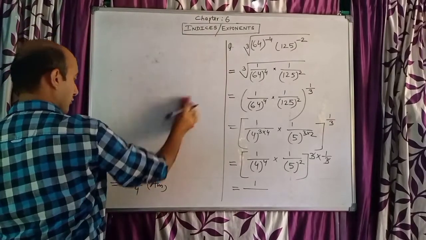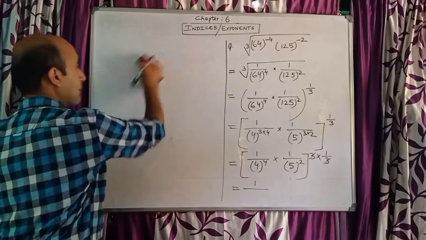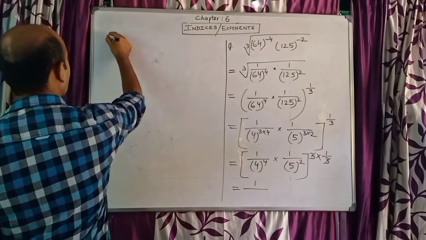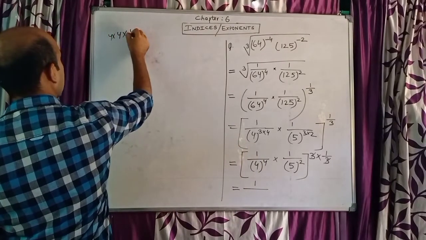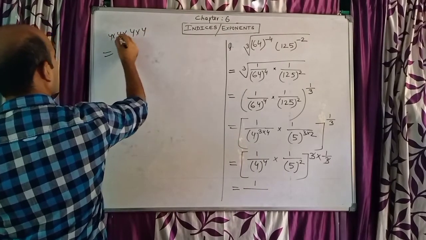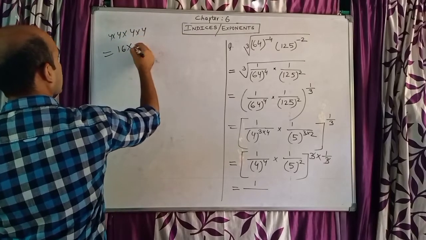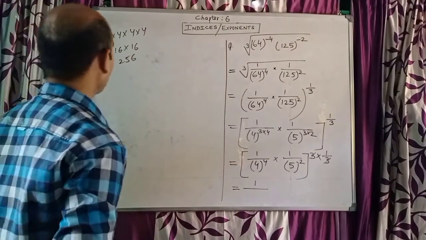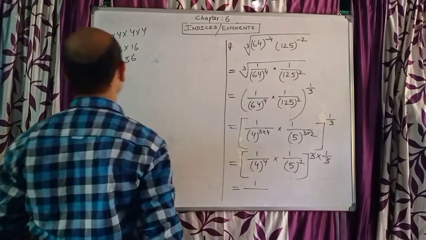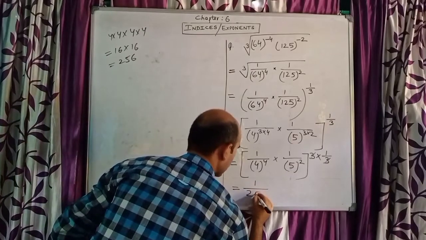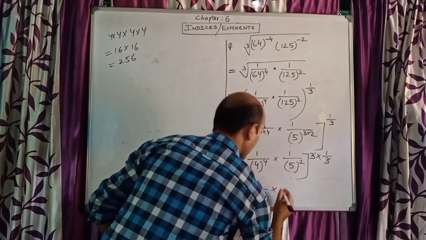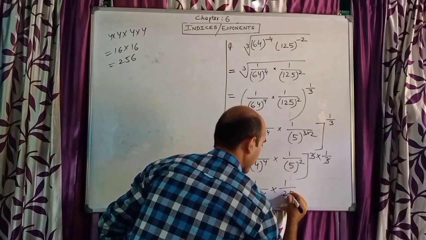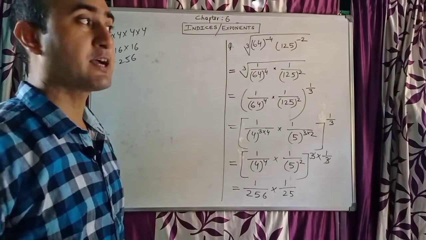Now what is the meaning of 4 power 4? The meaning of this is multiply 4 times. So multiplying 4 times, 4 4s are 16 and 4 4s are 16, 256. So 4 power 4 is 256. And 1 by 5 square. 5 square is 25. 5 5s are 25.